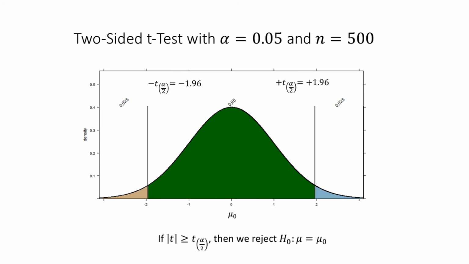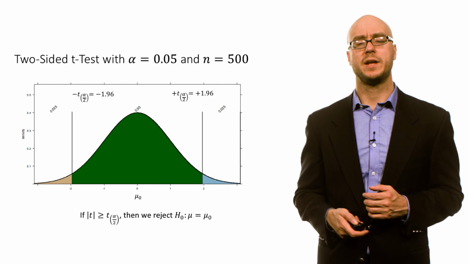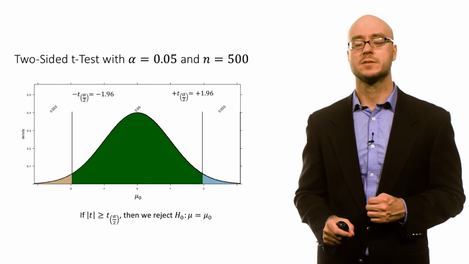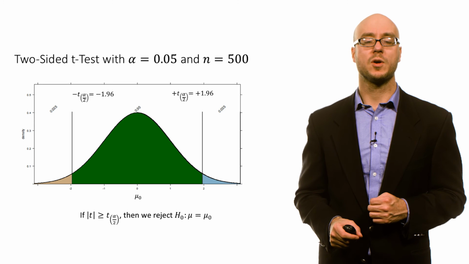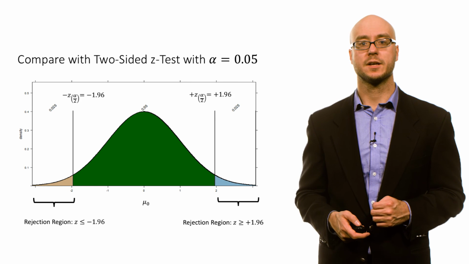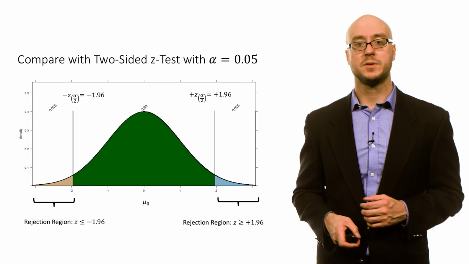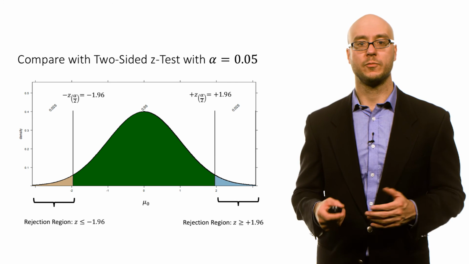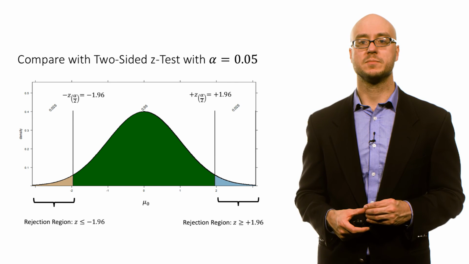And so you can see that the critical values change depending on our sample size, and the critical values are the benchmark by which we interpret our t-test statistic. Right? And we can compare this with a two-sided z-test. We have critical values of negative 1.96 and positive 1.96. And so the key point here is to examine how these critical values and p-values change depending on the nature of the t-distribution.